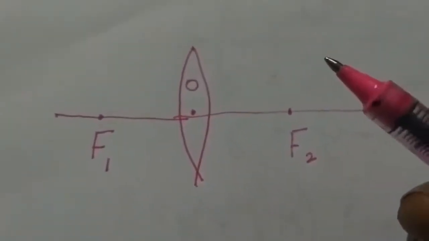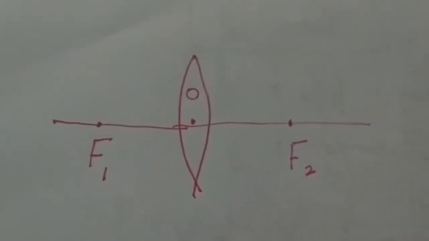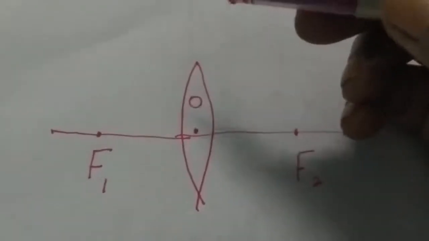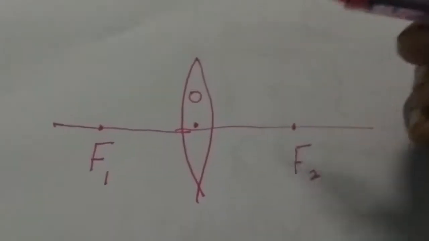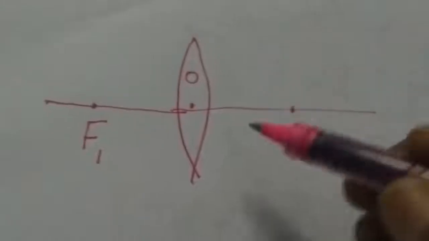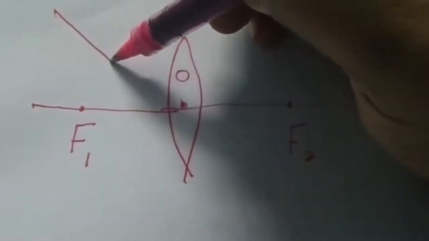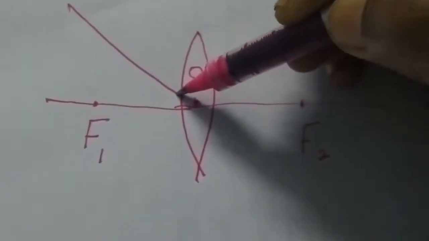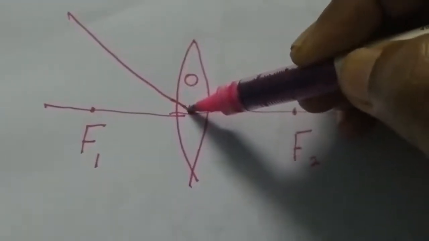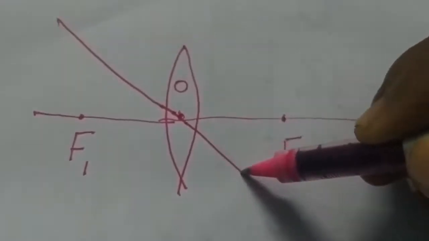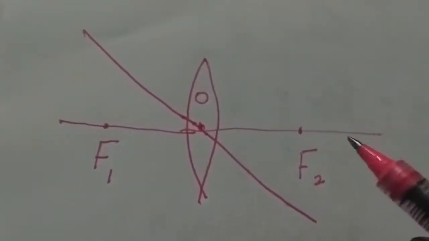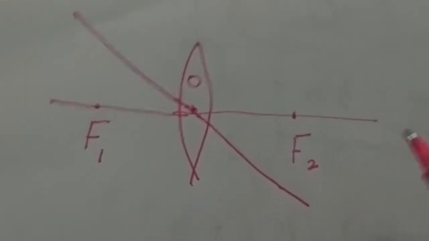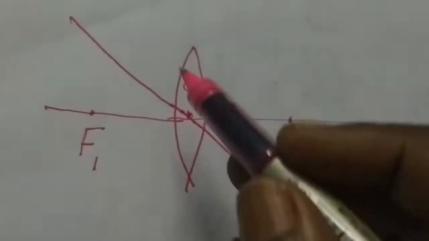So rule 1: when a ray of light strikes the convex or concave lens obliquely at its optic center, so this is the optic center, it continues to follow its path without any deviation.